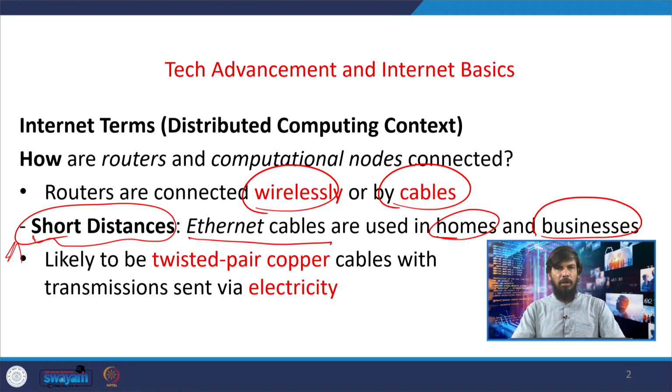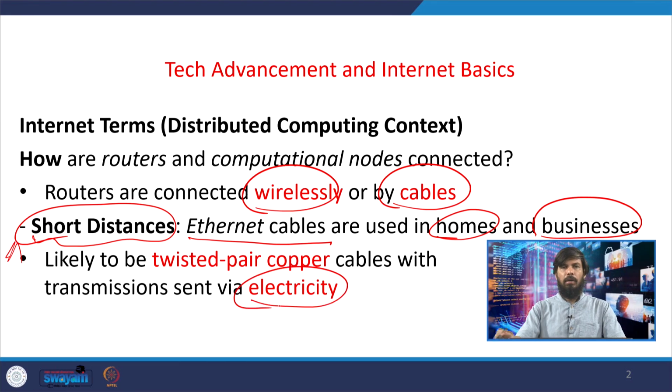And what are Ethernet cables? These are likely to be twisted pair copper cables, right, and most of us have seen the LAN cables, and through the connector, we can also visualize the twisted pairing that is there. These are twisted pair copper cables with transmission sent via electricity.